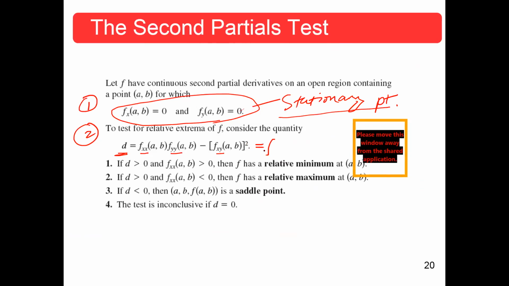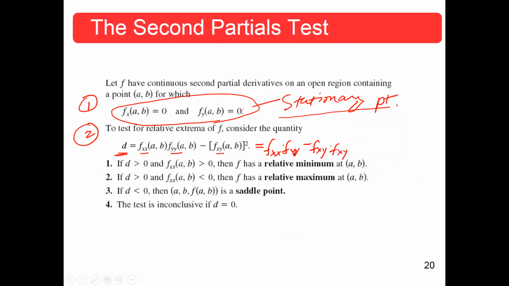So basically, it's fxx times fyy minus fxy times fxy. All 4 second partials combined, that is the D.